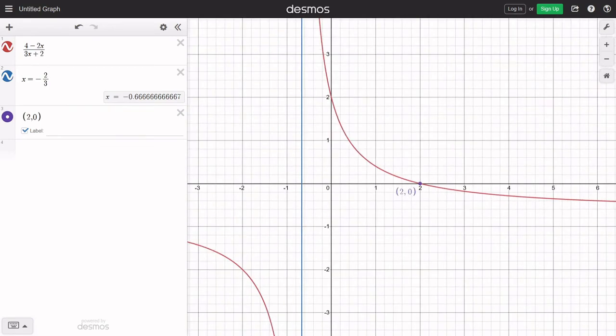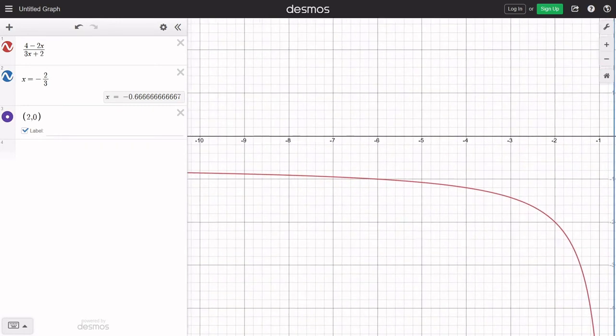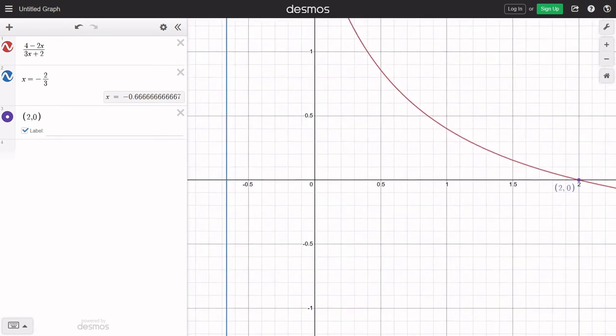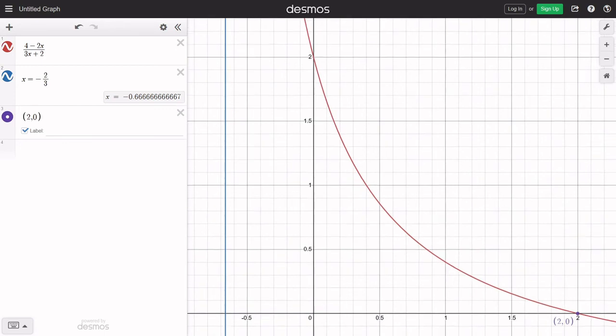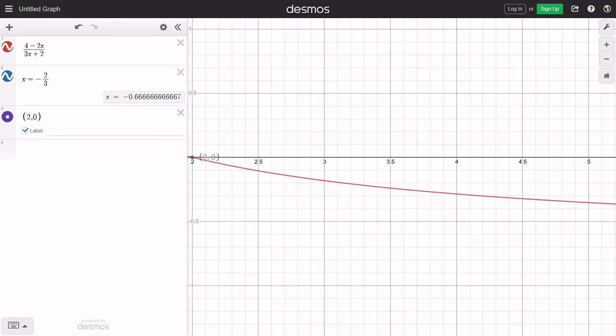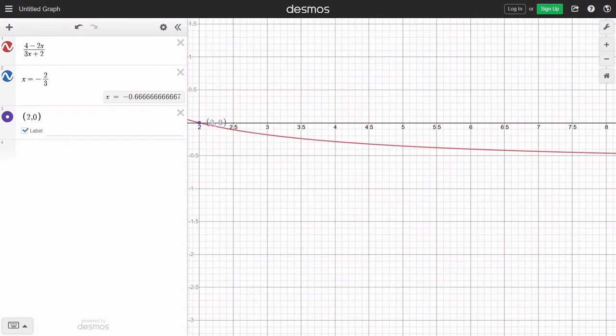So yeah, that's the kind of intervals we have here. We have this interval, negative infinity up to the negative 2/3. Then we have this very small interval here, right, where the function is positive from negative 2/3 to 2. And finally, from 2 up to infinity is where it's negative again.